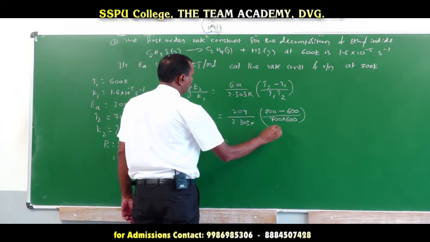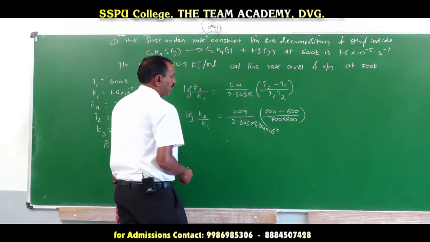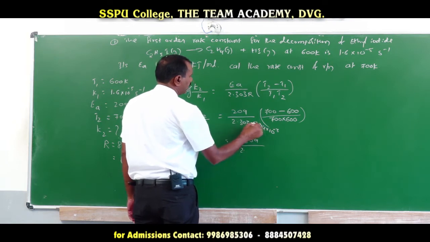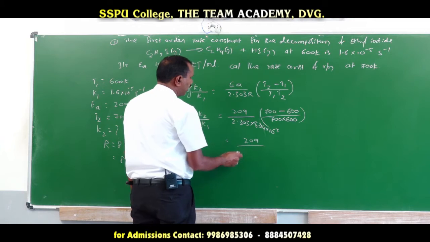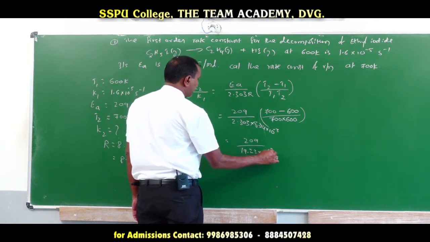So finally 209 divided by 2.303 into 8.314 into 10 to the power of minus 3; that value is nearly 19.23 into 10 to the power of minus 3.